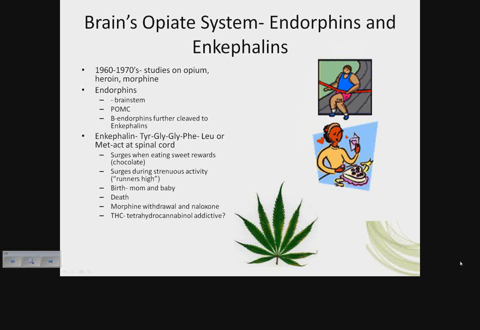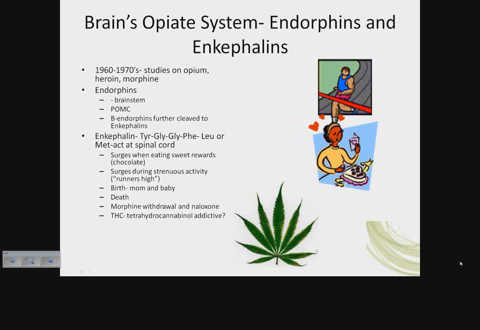And so the scientists correctly theorized that if these drugs from plants were working in the human, then the human must have an endogenous chemical that was released that would bind to the same receptors that these plant chemicals were binding to. So the researchers began searching for these morphine-like drugs.